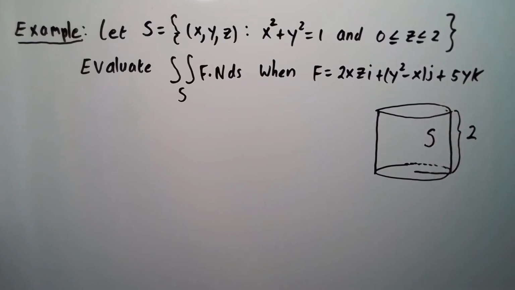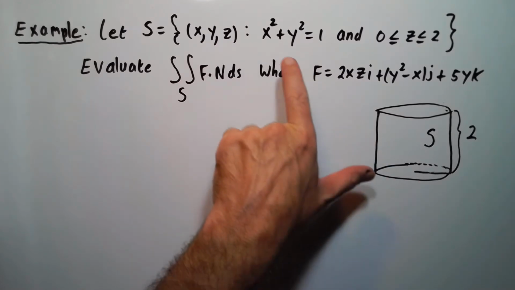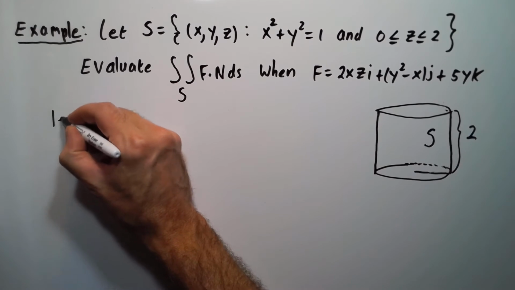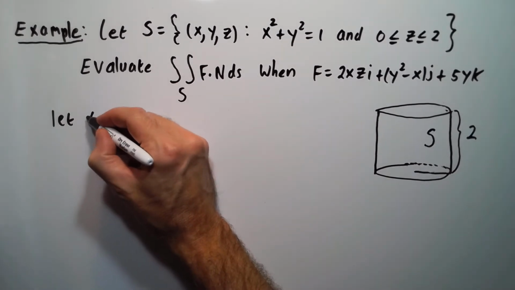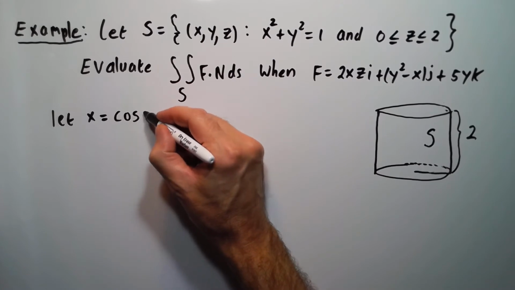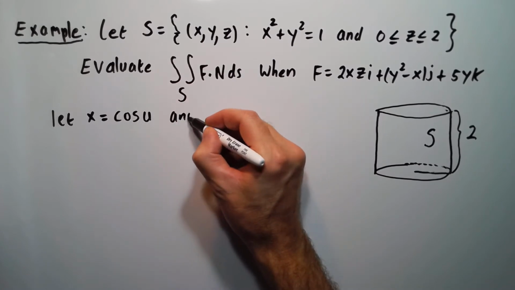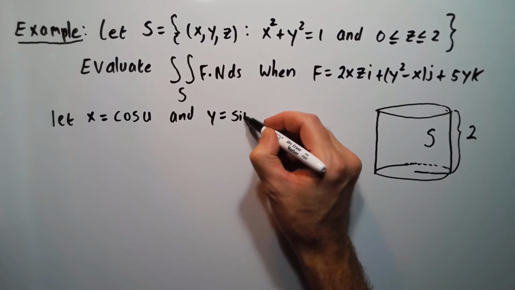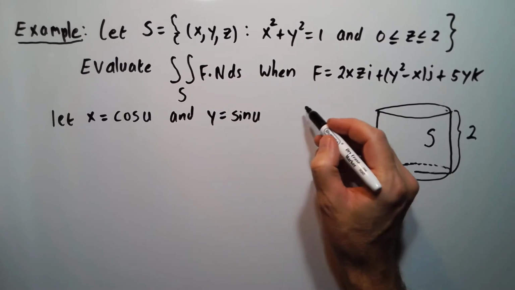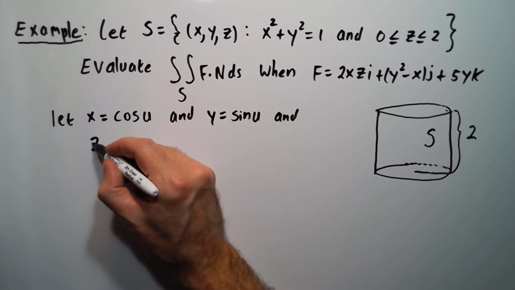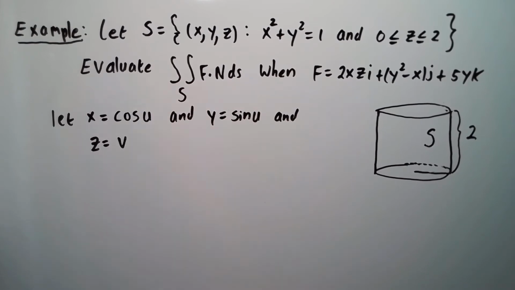Okay, so let's parameterize this. To parameterize the unit circle, x squared plus y squared equals 1, we're going to let x equal cosine, let's call it u, y equal sine of u, and z equals v.